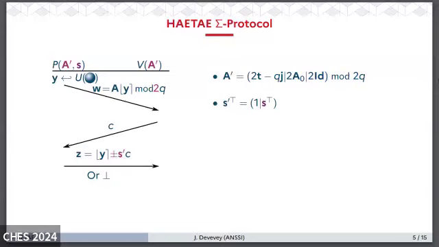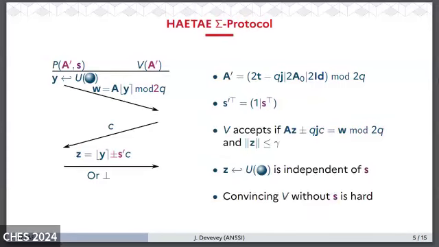This consists in introducing some kind of trapdoor in the first column of A. And if you do the matrix vector multiplication, you see that you end up with Q times J mod 2Q, and J is a 1 and then all zeros as a vector. And the nice thing is that this vector is equal to minus itself mod 2Q, since Q is equal to minus Q mod 2Q.